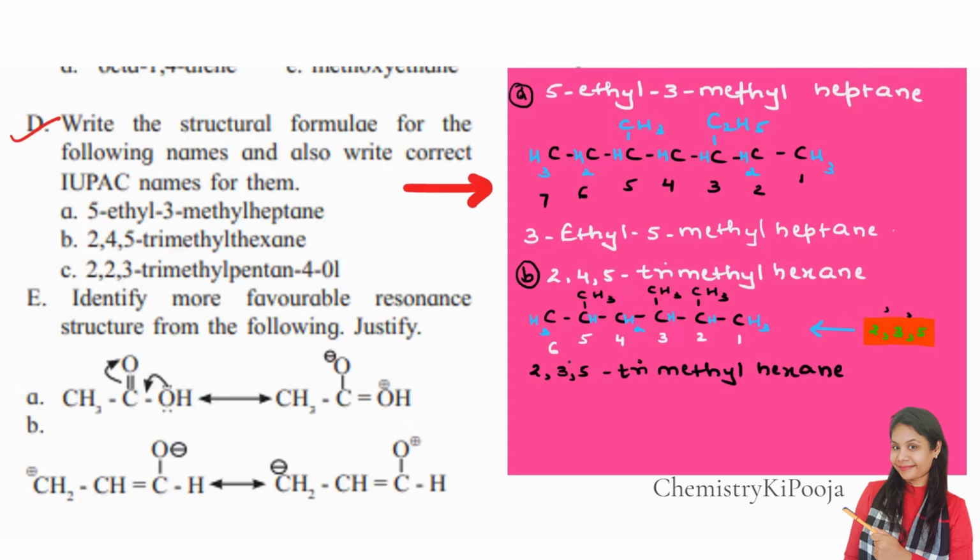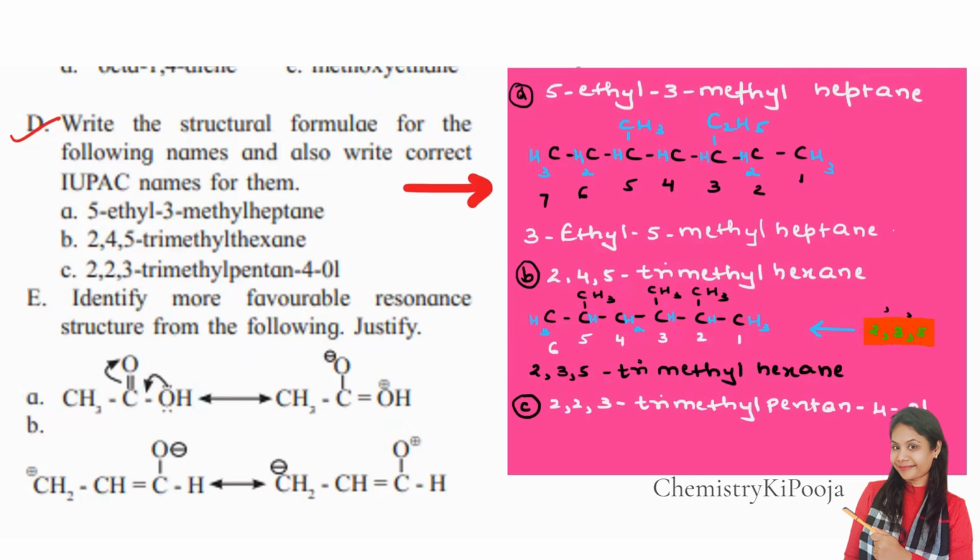Now let us proceed ahead with question number C. Now question number C: 2, 2, 3 trimethyl, and then it is pentan-4-ol. Okay, pentan-4-ol.